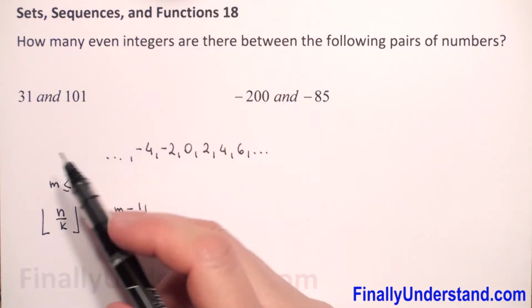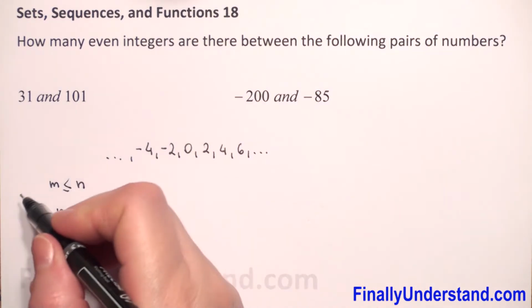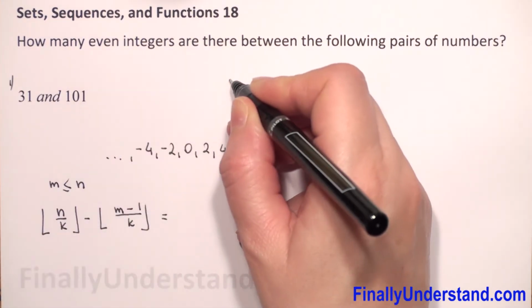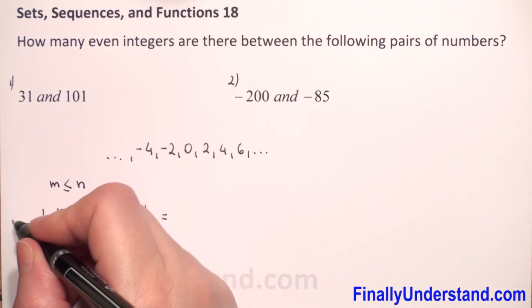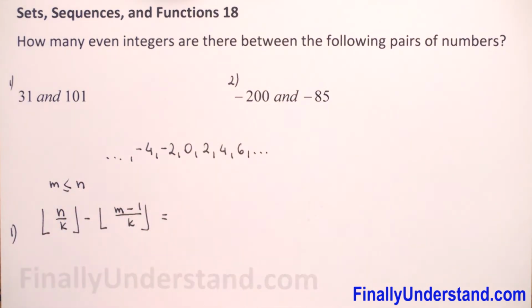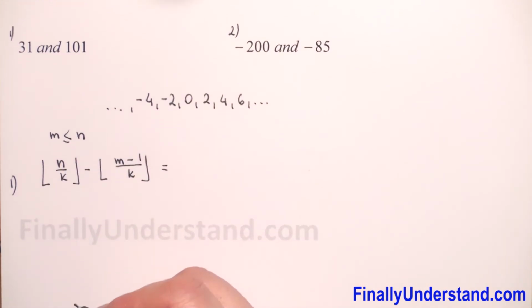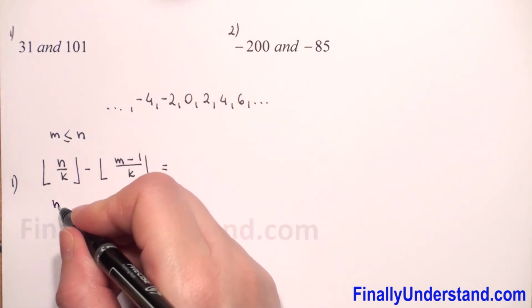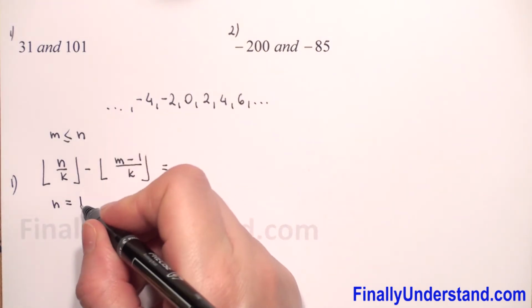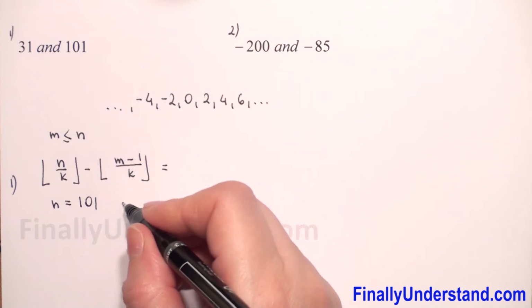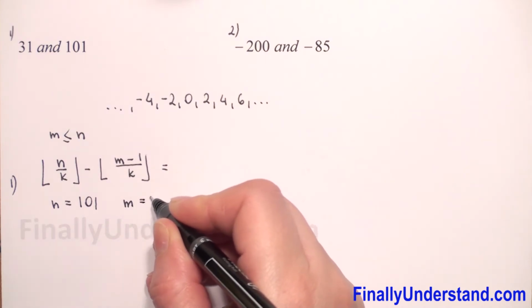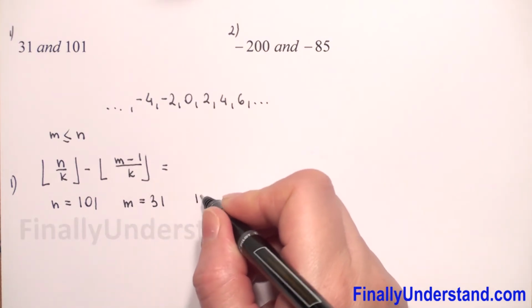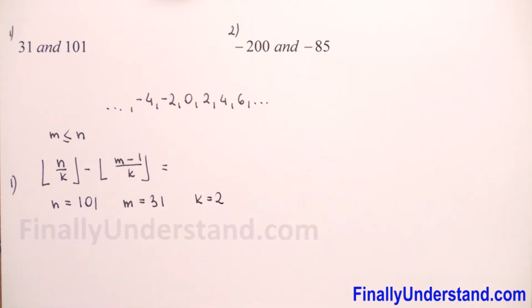Let me start with the first example. Here n is equal to 101, m is 31, and k is 2.